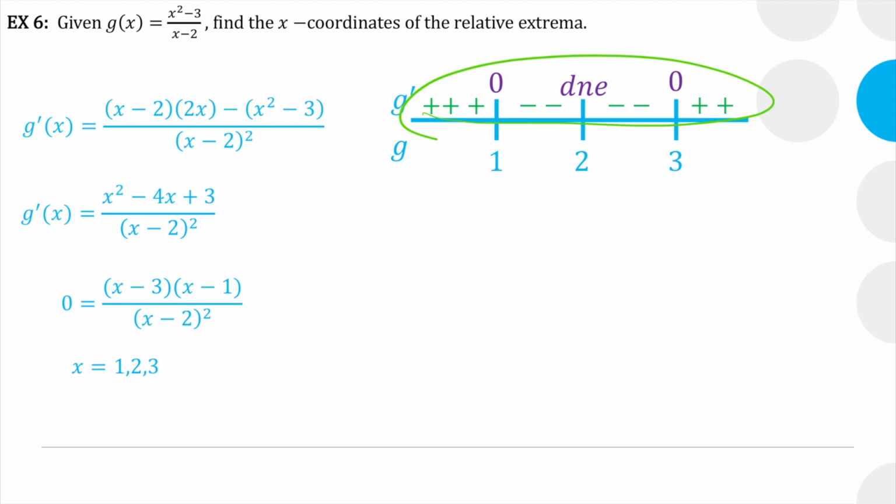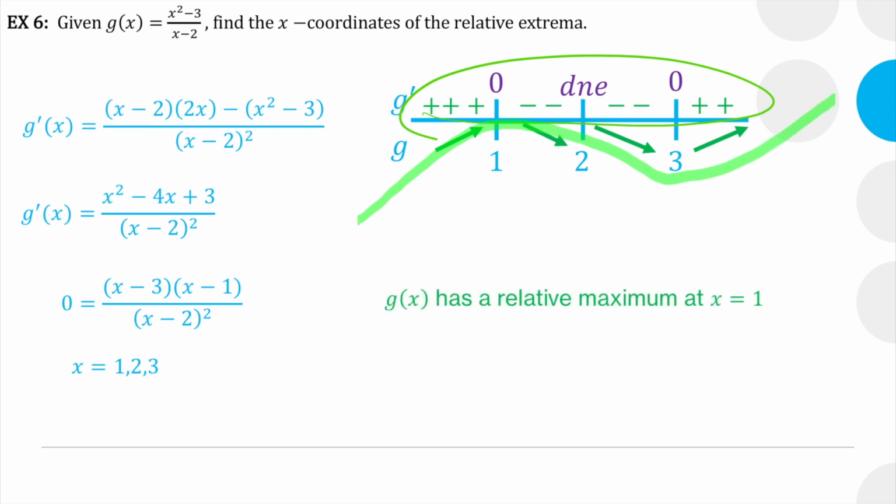You got to be careful to check because we're going increasing, decreasing, decreasing some more, and increasing again. So my graph's going up and then down and then up again. So we have a relative maximum at x equals 1 and a relative minimum at x equals 3.